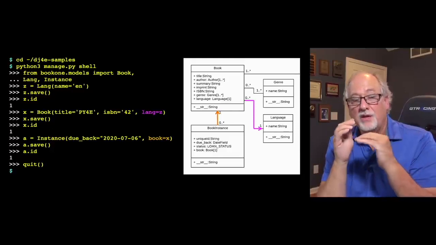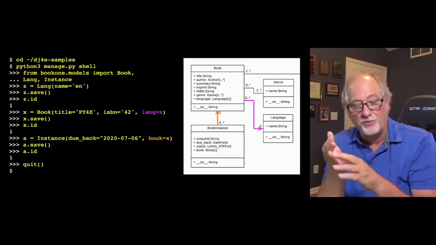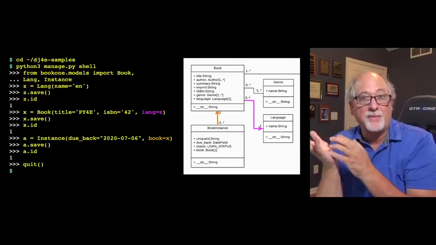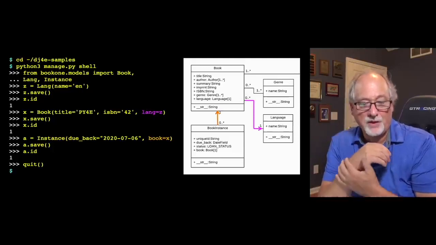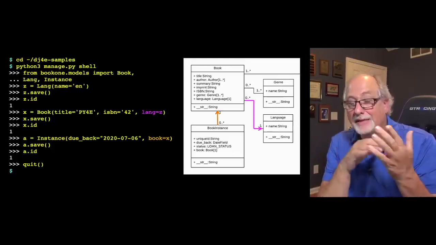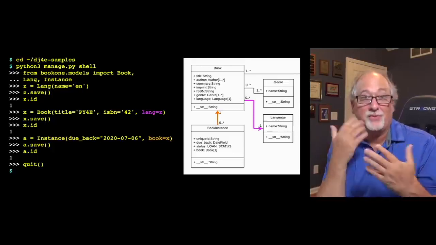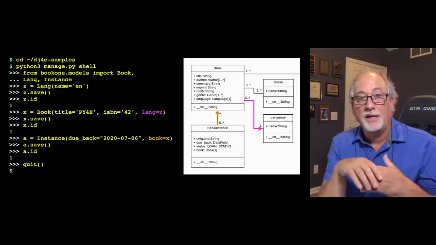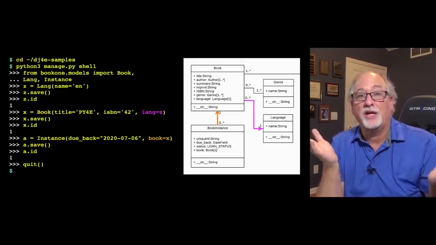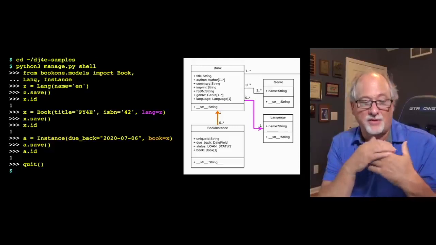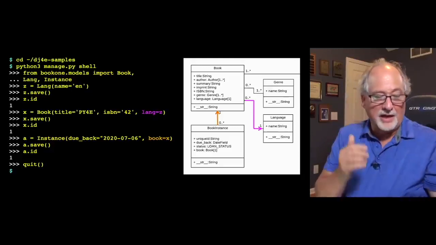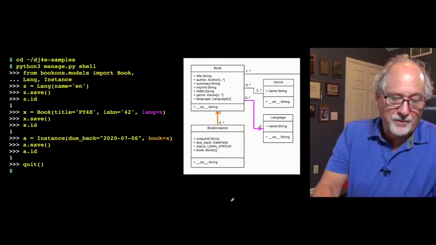That's because the book1 application was loaded by python3 manage.py shell. After that, you've got all these things preloaded, but then you can pretty much run any Python that you want that messes with all of your Django classes and objects, etc. So let's take a look at the kinds of things that we can do.